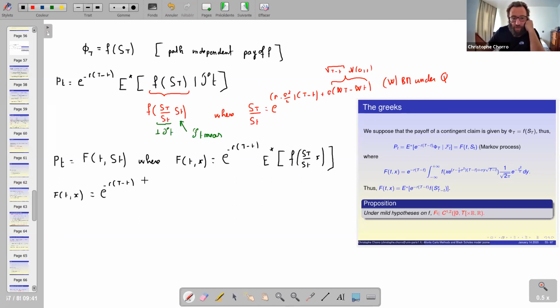And so it's an integral from minus infinity to plus infinity of f of x exponential of (r minus sigma squared over 2)(T minus t) plus sigma square root of (T minus t) y, multiplied by the density of the N(0,1).